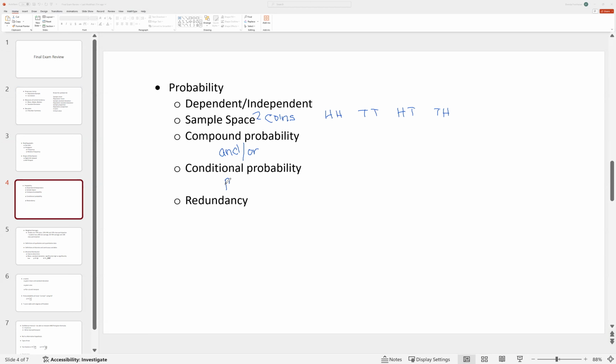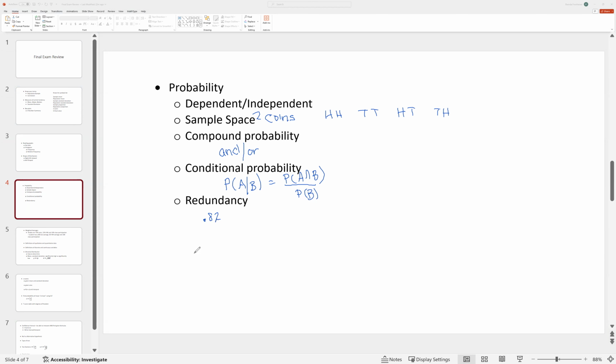Conditional probability is that probability of A given B. All right, and that again has a formula attached to it that I will give you. The probability of both things occurring divided by the probability of B occurring. And redundancy is the thing where maybe the probability of getting an A on the final exam is 82%.